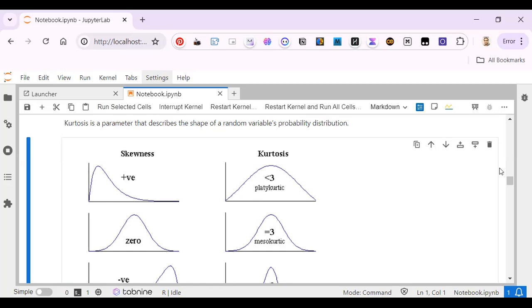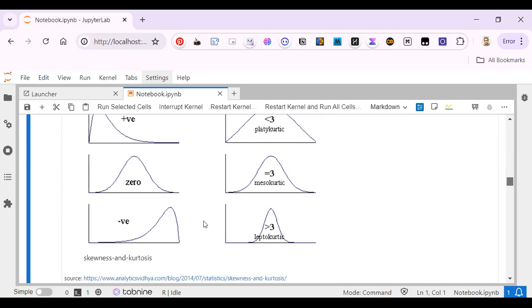Now coming down forward here, the same data you can take, but I'm going to elders. In that situation, definitely elders will be more compared with the previous case.